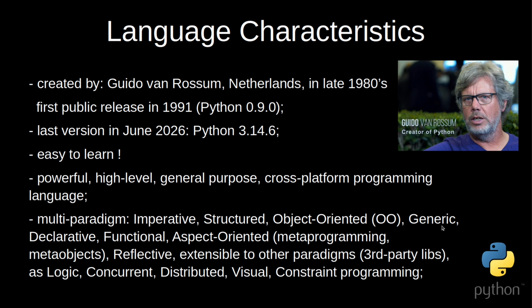It's also a generic, declarative language. It has functional programming structures, aspect-oriented programming, meta-programming and meta-objects. It also has the reflective paradigm. It's extensible to other paradigms through third-party libs. It also supports the concurrent paradigm, distributed, visual, and constrained programming.